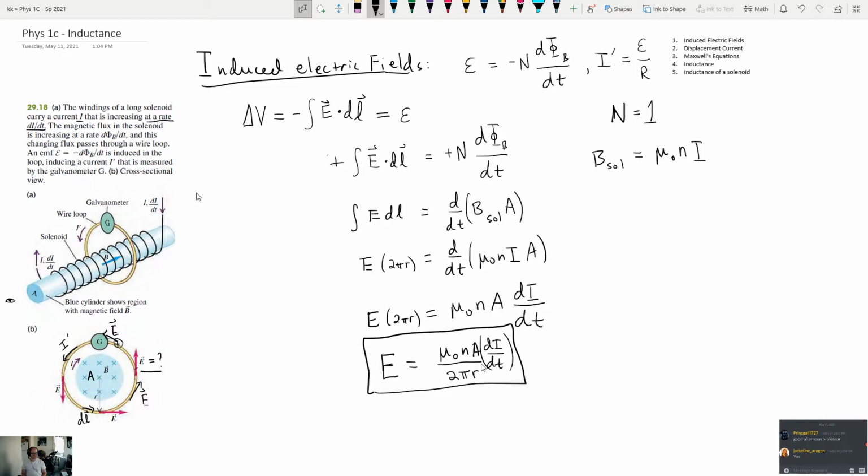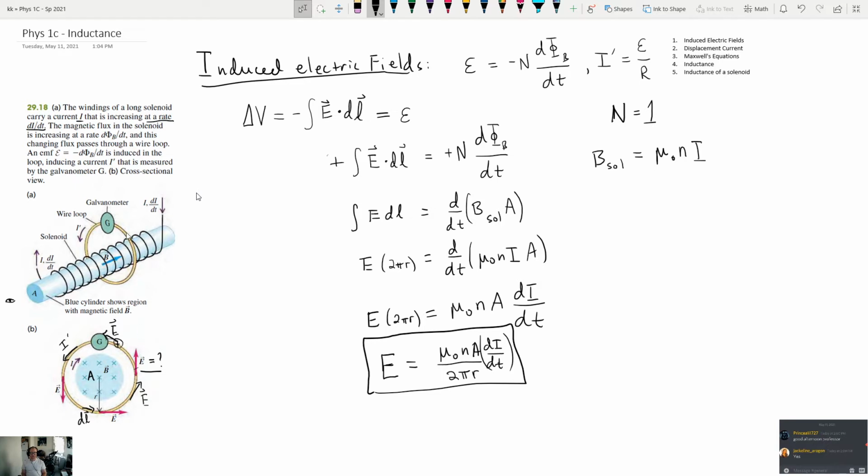Now, it's not a simple answer, but it allows us to say that when you have something like a solenoid that has an increasing current, it generates a change in magnetic flux, and because it generates a change in magnetic flux, it actually generates an electric field in the region around it.